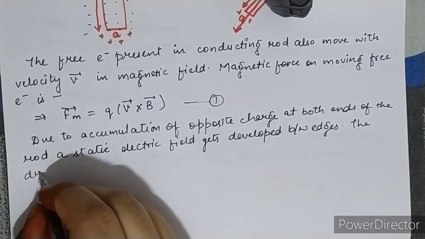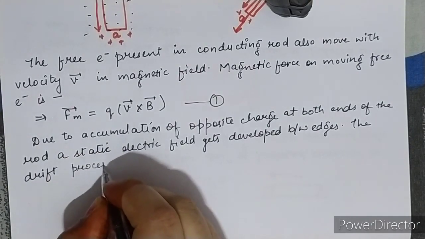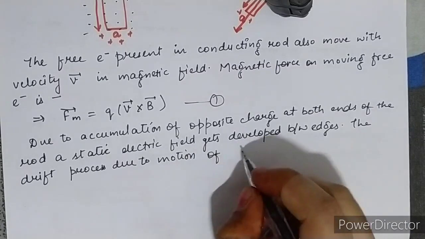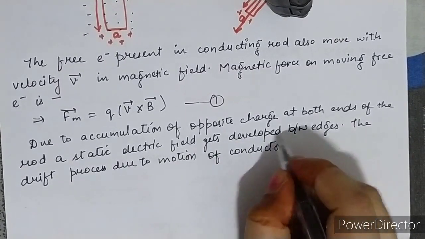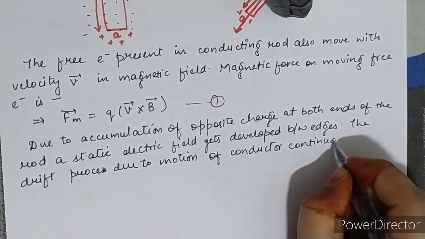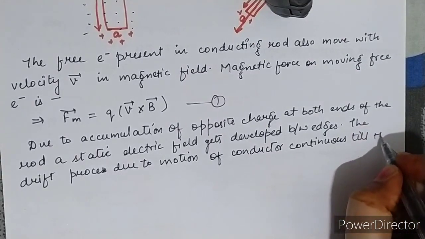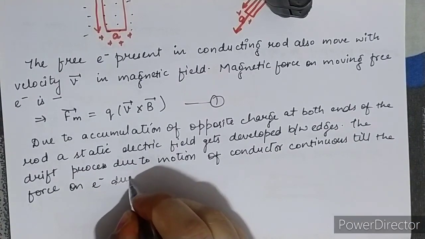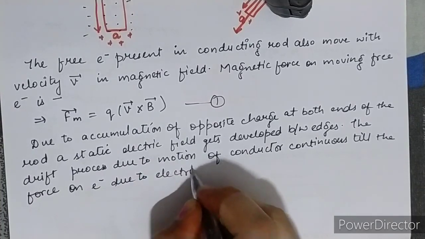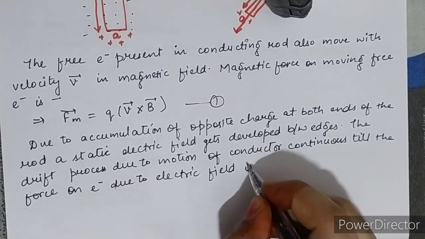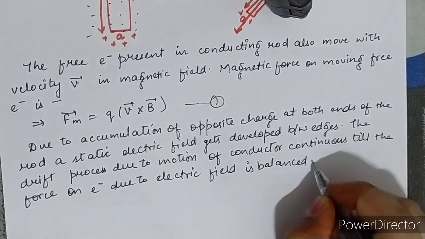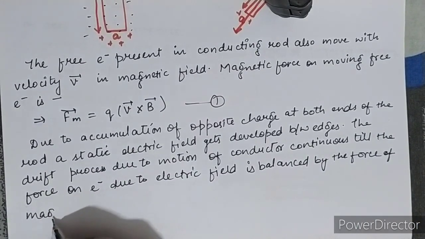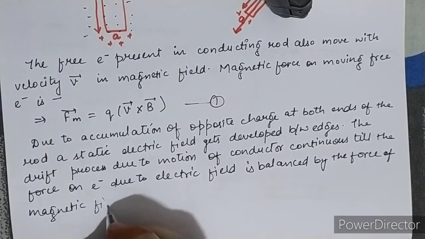So the drift process due to motion of the conductor continues till the force on the electron due to the electric field is balanced by the force of the magnetic field.